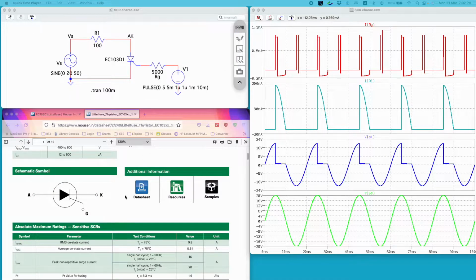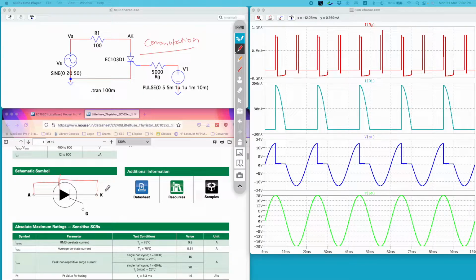Now to turn off the thyristor, the process is called commutation, and there are different ways of turning off a thyristor. One would be to reverse bias the thyristor, that is, to make the cathode more positive with respect to the anode, and then the thyristor can turn off. Another way would be to interrupt the current flowing through the thyristor.